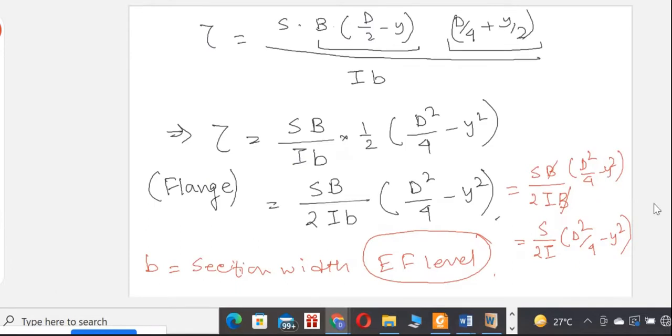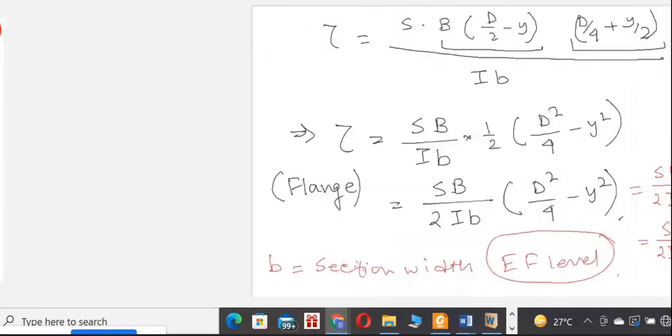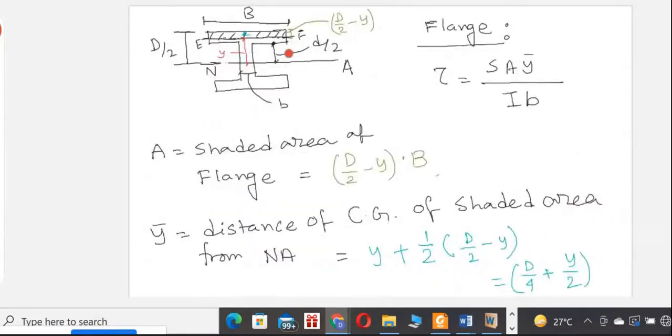So what will be the two extreme points of this flange part? So tau equals S by 2I into d by 4 minus y square. So what will be the y value?